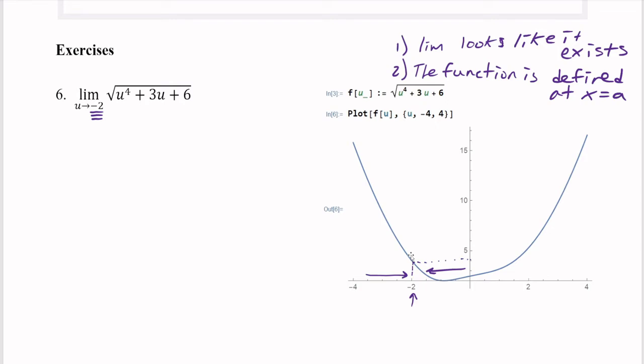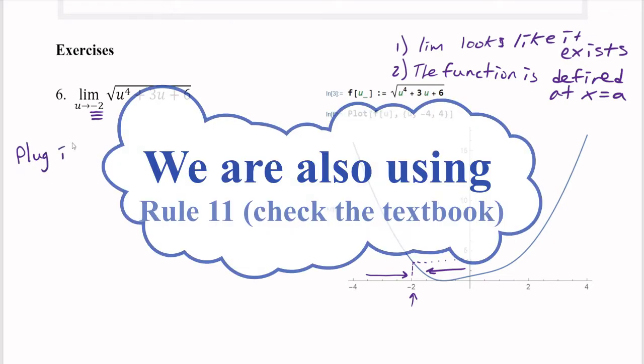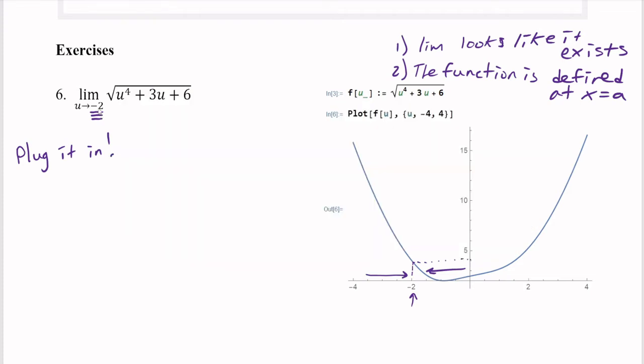So with both of those things in mind, I'm just going to try plugging it in. So we go over here, and the first thing we try is plug it in. What do I mean by that? I mean take your a, which is -2, and plug it in to the function. So that would be -2 to the 4th plus 3 times -2 plus 6.